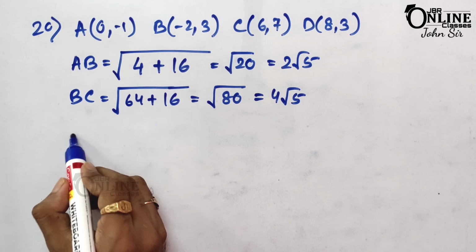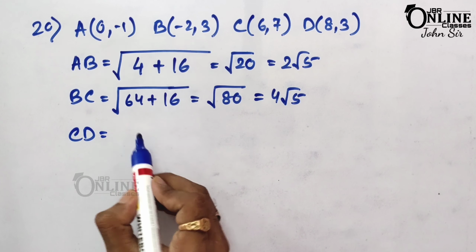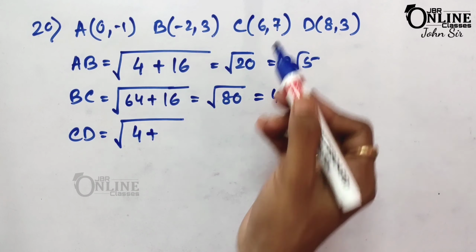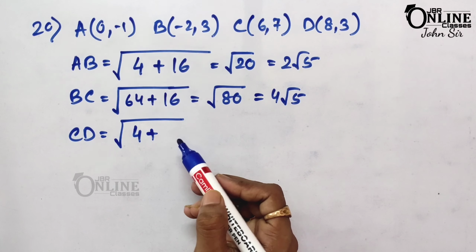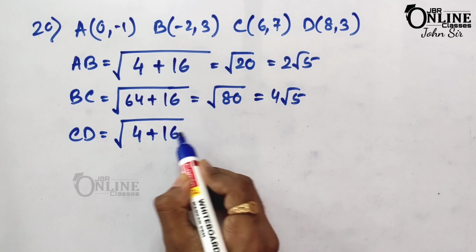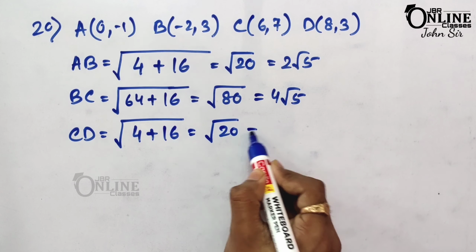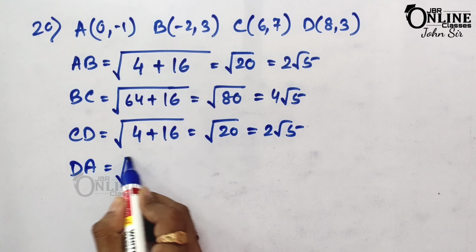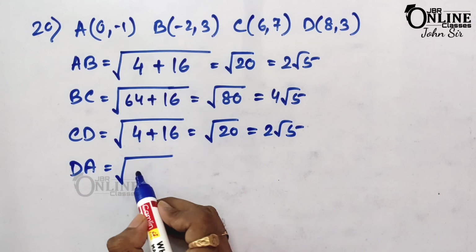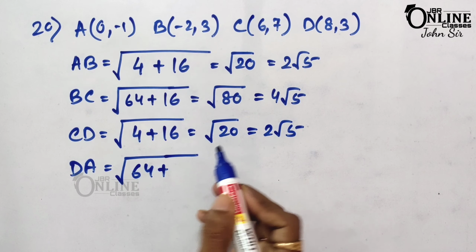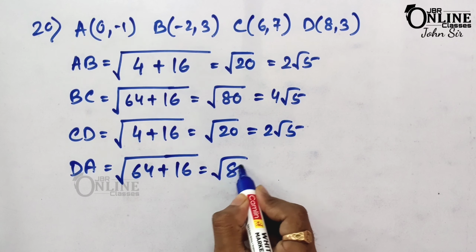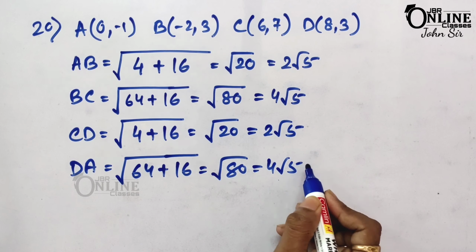Now next one CD. CD equals 8 minus 6, that means 2 square, then 3 minus 7, that means 4 square, so 16, that equals also root 20, that means 2 root 5. Now the last one DA. DA equals 8 minus 0, that means 64, because 8 square, and 3 plus 1 is 4, that means 4 square, so that equals 80, so that equals 4 root 5.